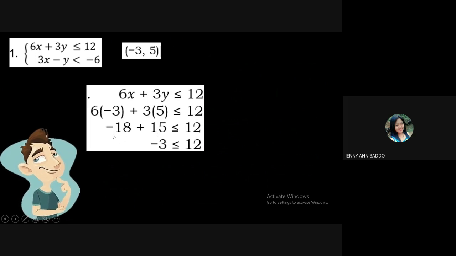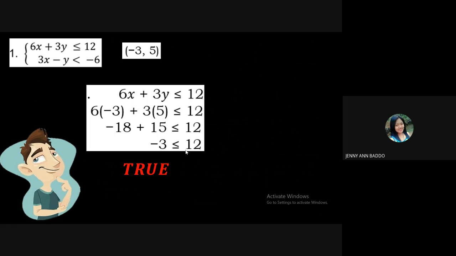And adding negative 18 and 15, we have negative 3. So we have here now negative 3 is less than or equal to 12. Next, is negative 3 less than or equal to 12 a true or a false statement? So since the inequality symbol pointed to the negative number, then that statement is true.